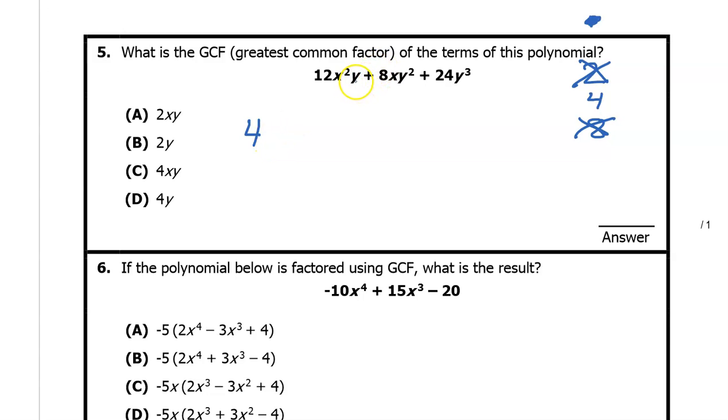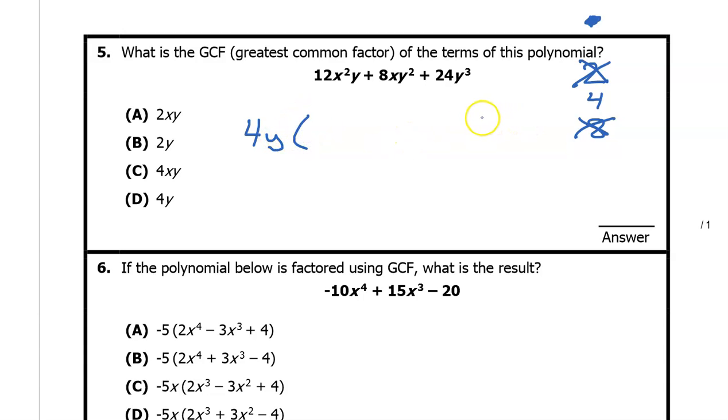How about the y? The first term has 1 y. The second term has 2 y's. And the third term has 3 y's. What's the smallest amount? Well, the first term had 1 y. So the GCF will have 1 y. So that means 4y is our GCF.